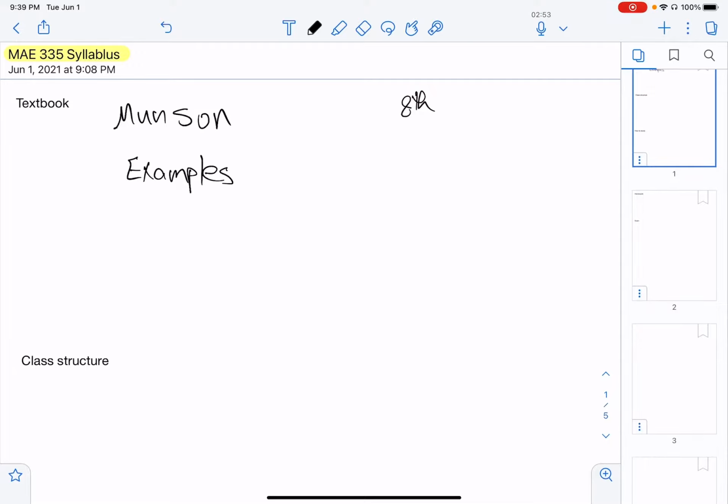And in this book, we are teaching 8 chapters, which are 1, 2, 3, 4, 5, and 7, and 8 and 9.